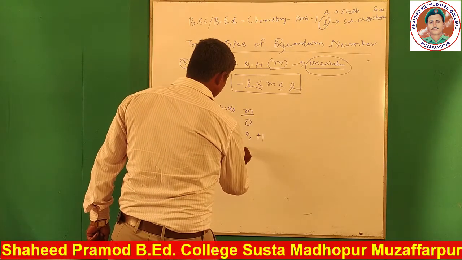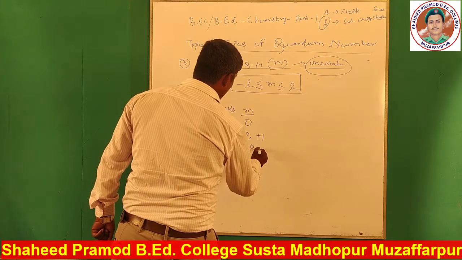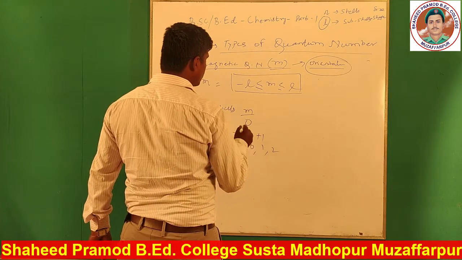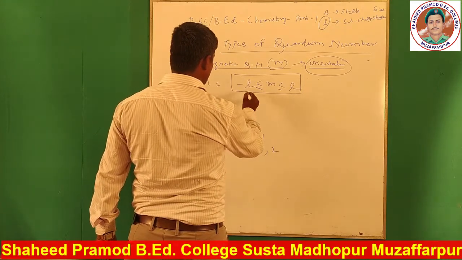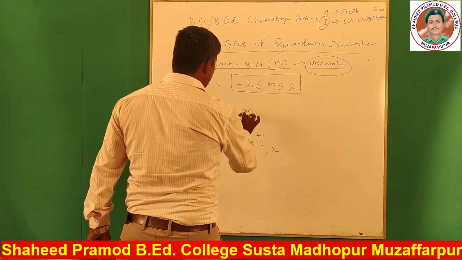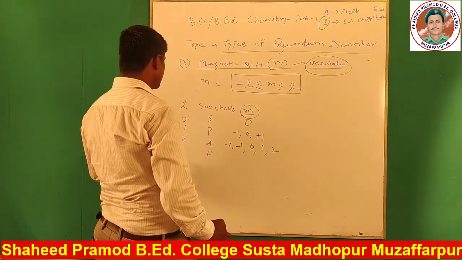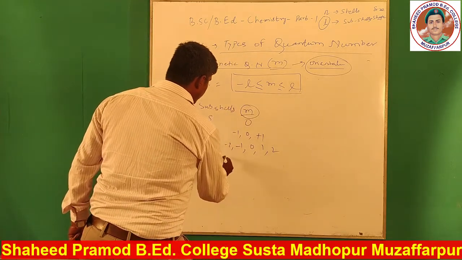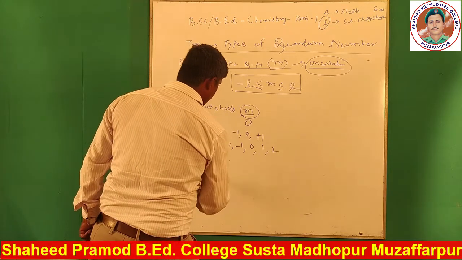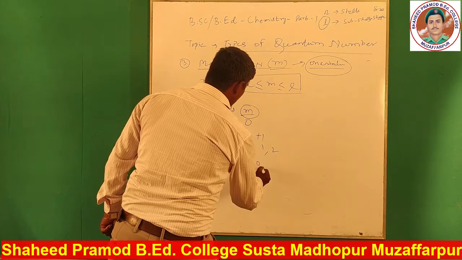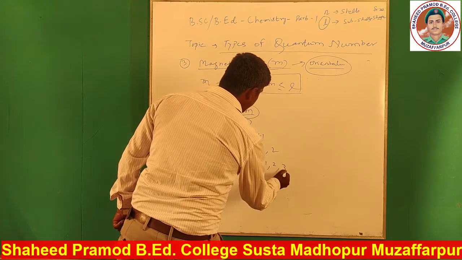Minus 2, minus 1, 0, 1 and 2. All the integers which lie between minus 2 and plus 2. For L equal to 3, the value of M is minus 3, minus 2, minus 1, 0, 1, 2 and 3.